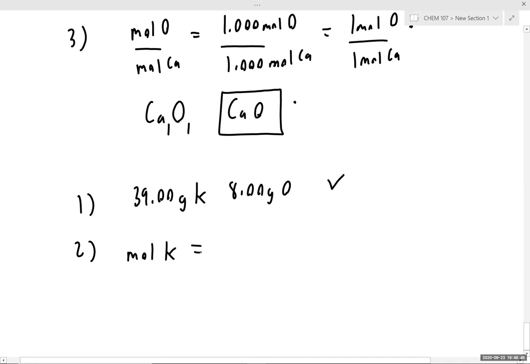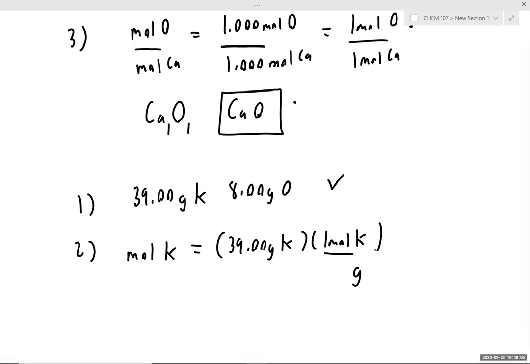So for our moles of potassium, we have 39.00 grams of potassium. In 1 mole of potassium, we have how many grams? What's the molar mass of potassium in this case? 39. Yep.